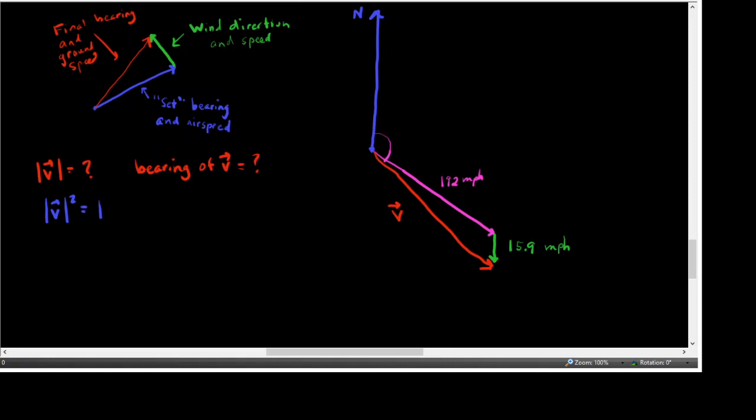So 192 squared plus 15.9 squared minus 2 times 192 times 15.9 times the cosine of, let's see. Yeah, it's 121 degrees.